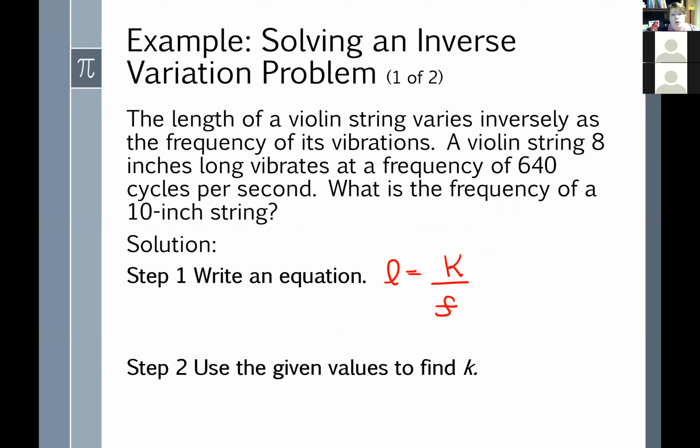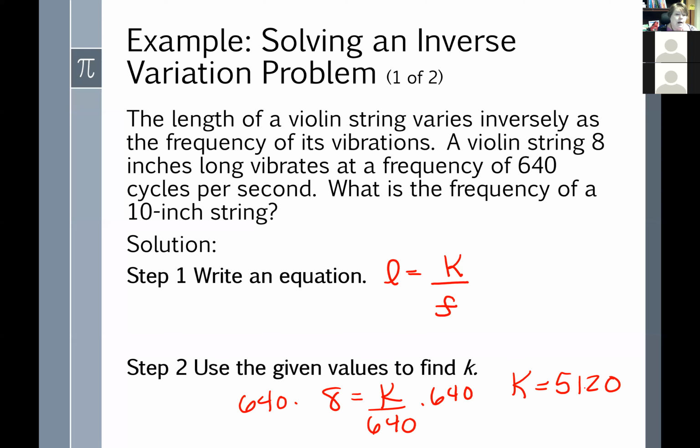L equals K over F. A violin string 8 inches long vibrates at a frequency of 640. So multiply both sides by 640. And we get K is equal to 5,120.